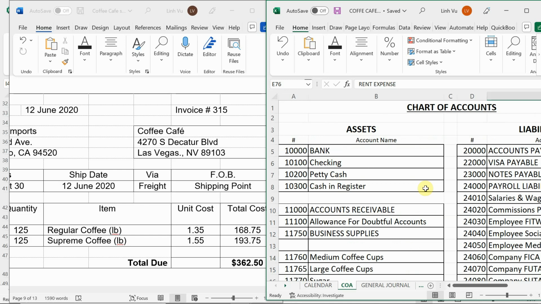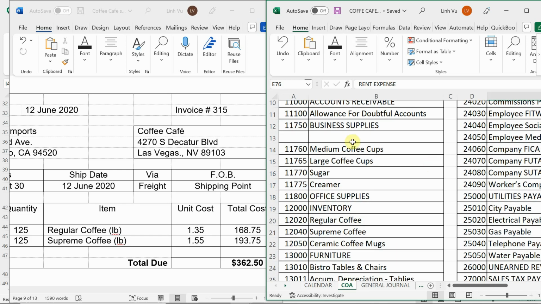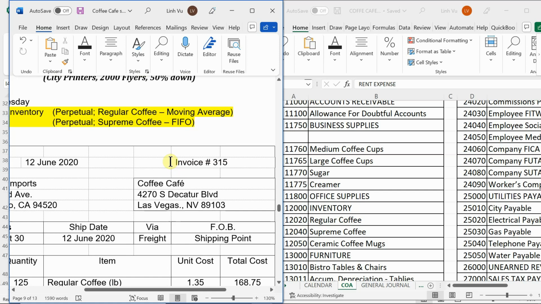What accounts am I going to use to represent that I received perpetual inventory? Aren't you going to journalize it as regular coffee and supreme coffee and accounts payable? Correct, because it's perpetual inventory, we immediately have to put it under inventory.